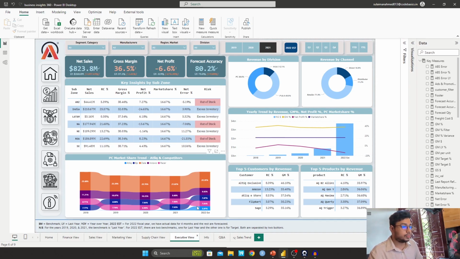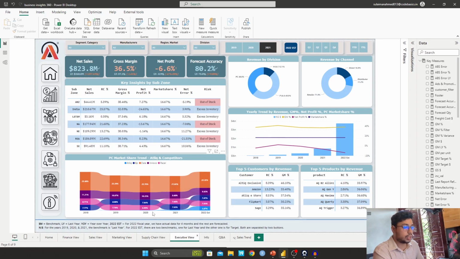And there is also a ribbon chart. It is showing the PC market share of Atlic versus its competitors. We can see that Atlic did quite well in 2022, as its market share rose.